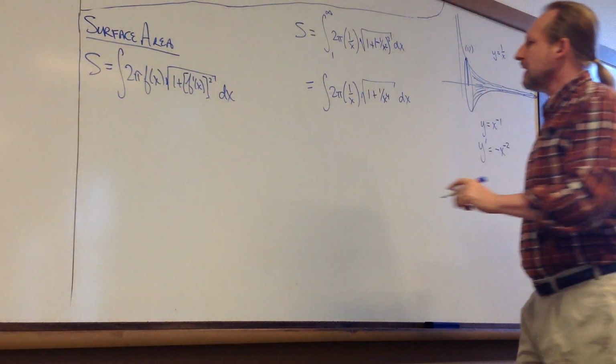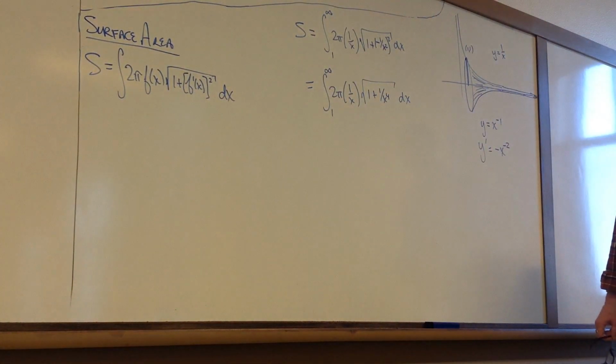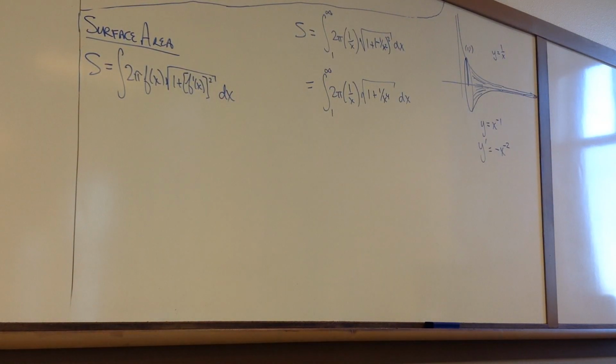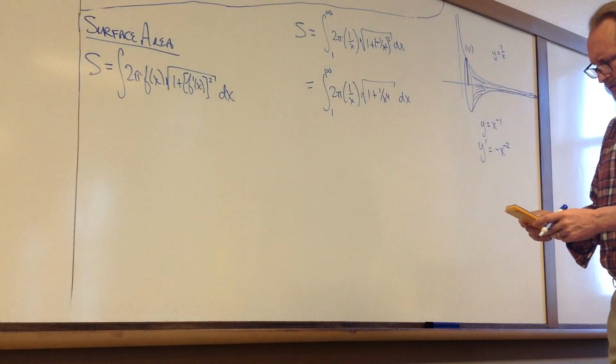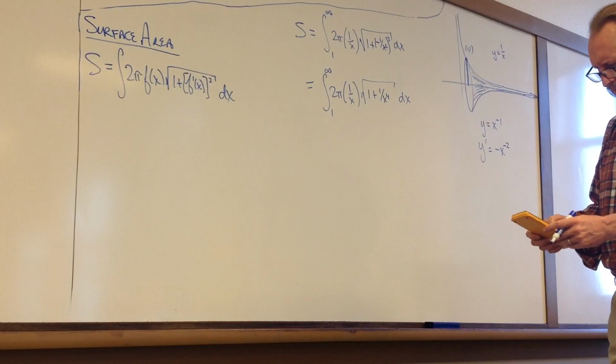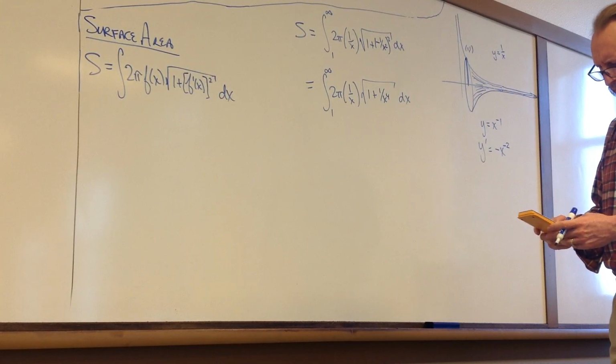Now, how do we integrate this? Because this is tricky. That last one I could do myself, whereas this, let's see. What if we take the calculator here and we go in here 1 over x and then 1 plus 1 over x to the 4th.